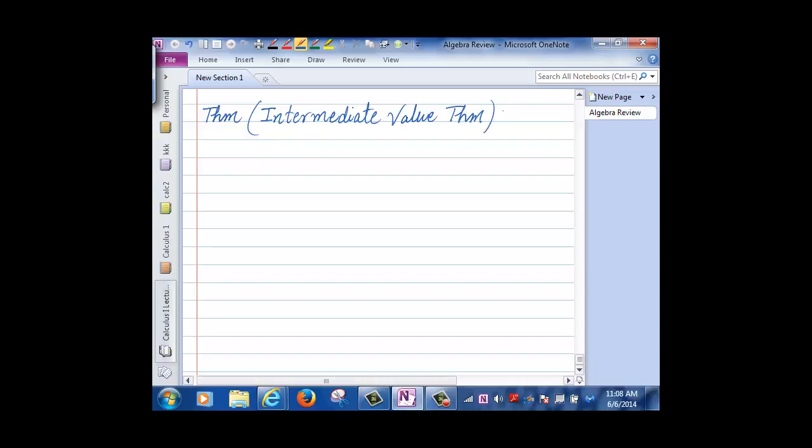I am going to refer to this as IVT, okay? Later on, I'm just going to say IVT, intermediate value theorem. And what it says is the following. Let f be continuous on the interval from A to B, okay?